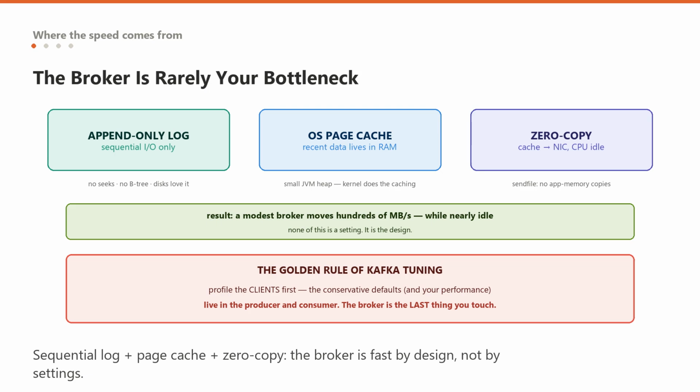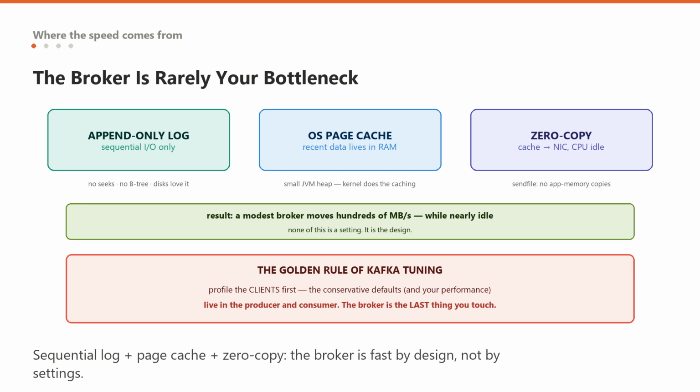Second, the page cache. Kafka does not manage its own data cache in the JVM heap. It writes to the operating system's page cache and lets the kernel handle memory. Recent messages, which is what most consumers are reading, are served straight from RAM without touching the disk at all. Third, zero copy.